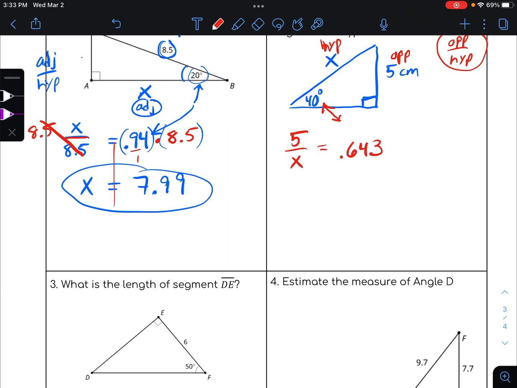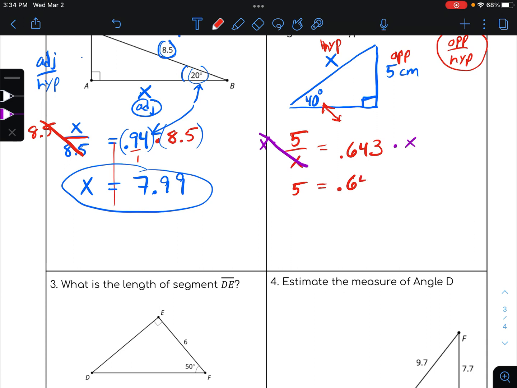Just like the other one, we're going to solve for x, but notice now x is in the denominator. So algebraically, this is kind of a two-step problem. We could treat it as an algebra problem, and the first thing I would do is multiply both sides by x, just like we did on the last one, only x is in the denominator, because x times 5 divided by x cancels out to 1, or 1 times 5, which is 5.